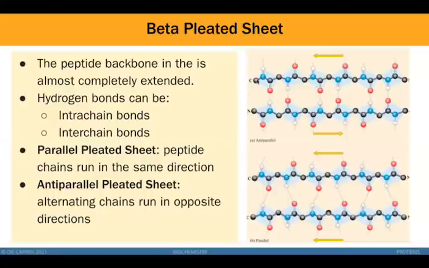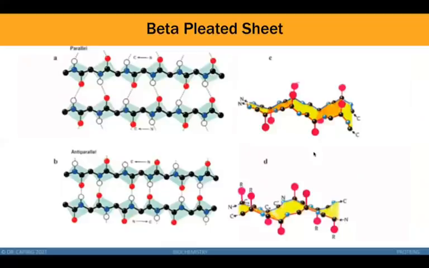So for this one, the peptide chain runs from C to N, but for this one, it's N to C. So this is anti-parallel and this is parallel pleated sheet. Okay? So again, emphasizing the structure of the parallel and anti-parallel. For parallel, they have the same directionality. For anti-parallel, they run in opposite.